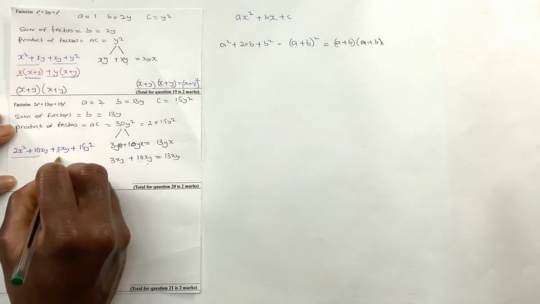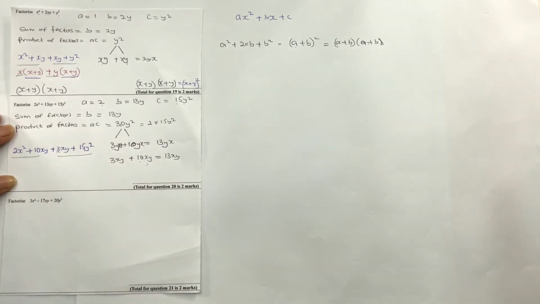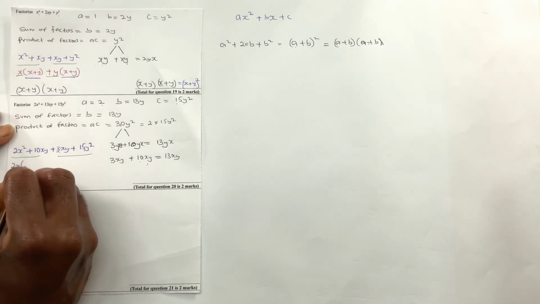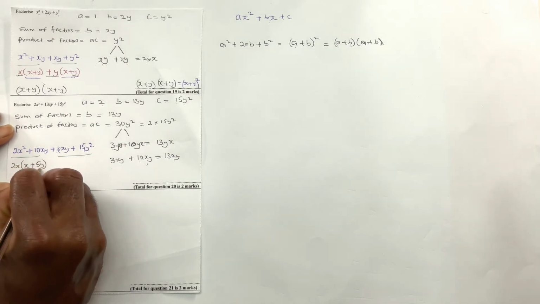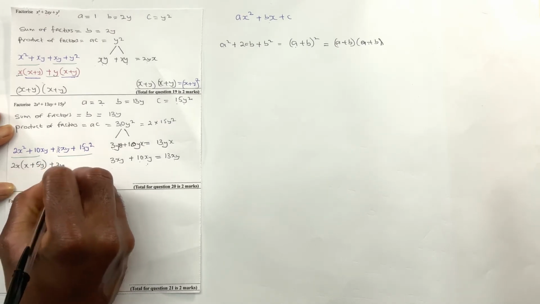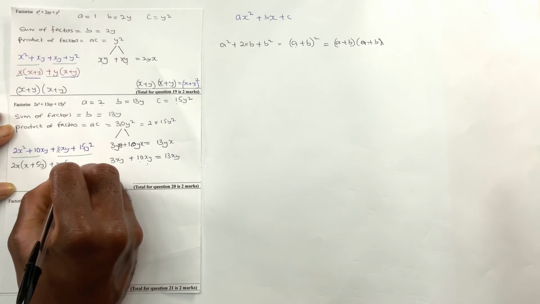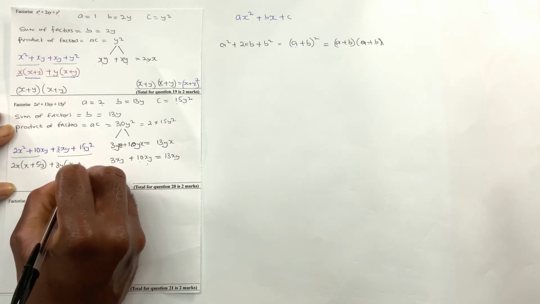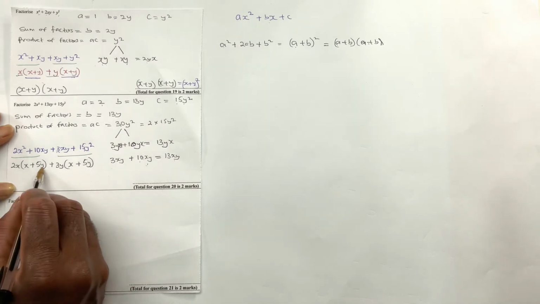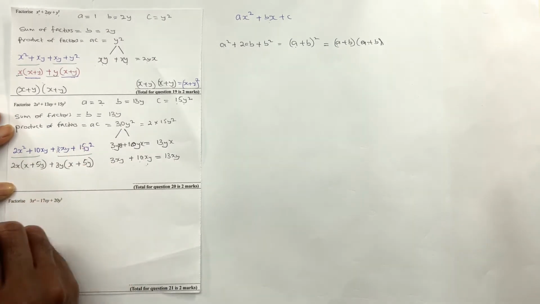There's a common factor here, there's a common factor there. So the common factor here is 2x, so I got x plus 5y. Another common factor here is plus 3y, and I got x plus 5y. If I expand this and expand that, I get that back.